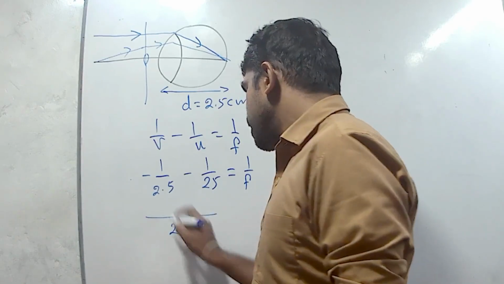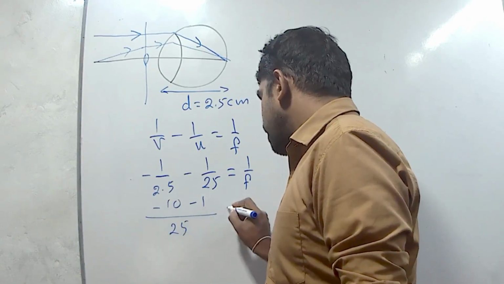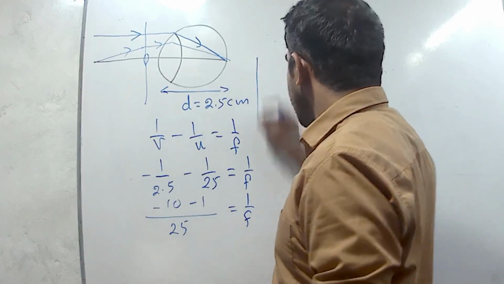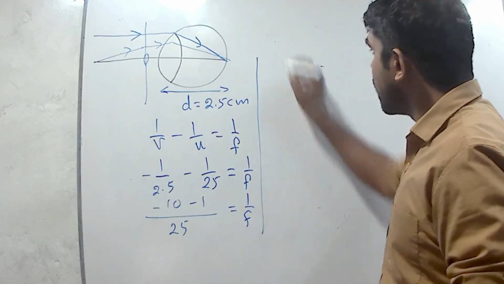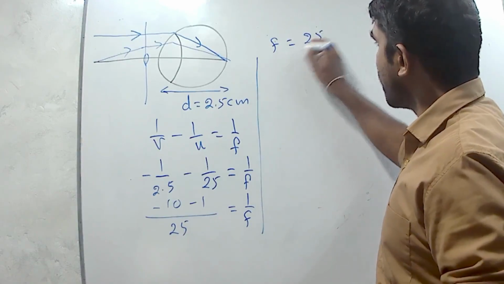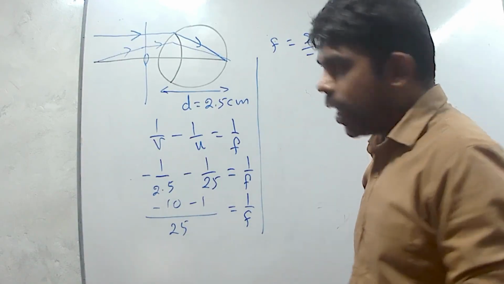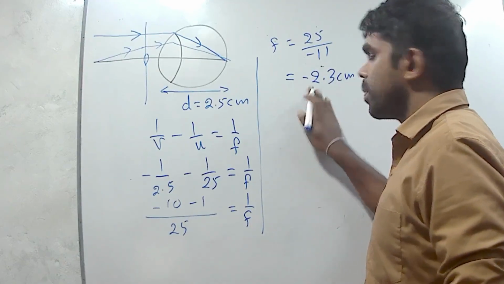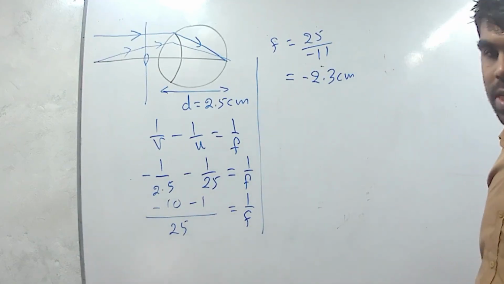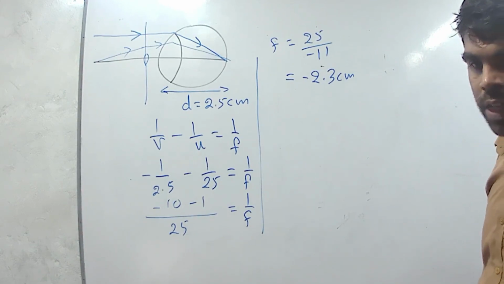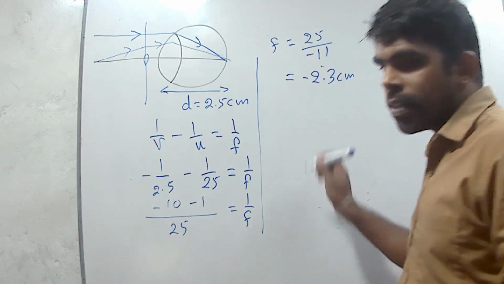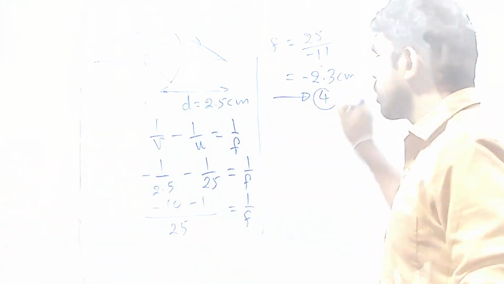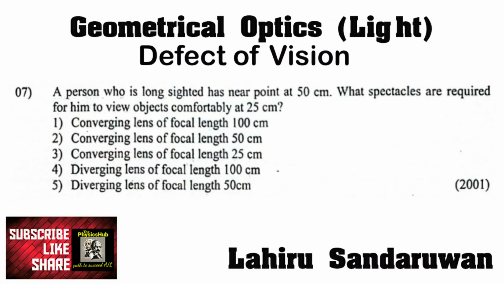LCM 25: 10 minus 1. Then F equals 25 divided by minus 11, approximately minus 2.3 centimeters. Minus means converging lens, 2.3 centimeters. The answer is 4.